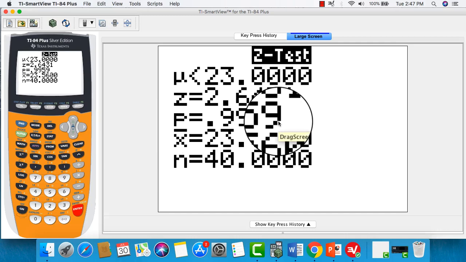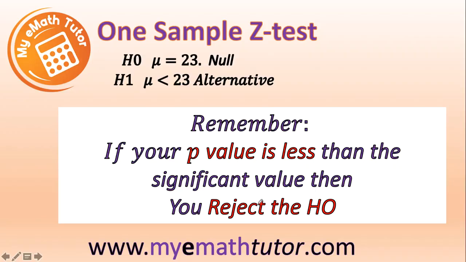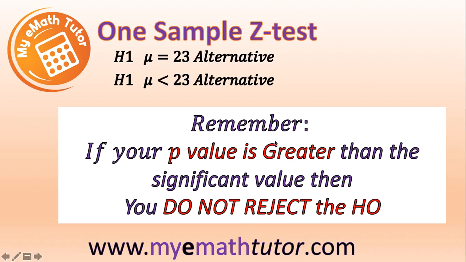So let's get this data, and let's go back to our problem to see what we can infer from here. Remember, if your p-value is less than the significance value, then we reject the null. If your p-value is greater than the significance value, then we do not reject the null. Sometimes you can see in the problem they say we fail to reject the null.